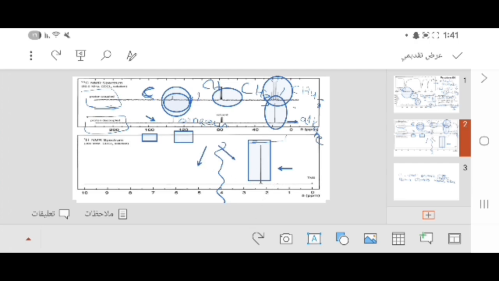The shielding part indicates that there are no electron-withdrawing groups on the compound itself that would take it to the de-shielding part, okay? Also, the H NMR indicates that when the peak comes from 2 to 3, it is an alkane or aliphatic compound, okay?